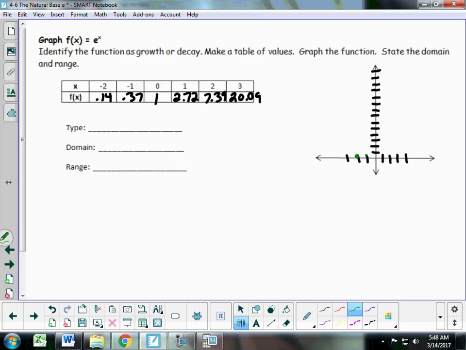Negative 1, 0.37, a little higher. 0, 1. 1, 2.72, so 1, 2, 3, somewhere about there. 2 and up to 7.39, somewhere about there. And 3, 20.09. I don't think we're going to be able to hit that. 9, 10, 11, 12, 13, 14. So it'd be maybe up there somewhere. It doesn't cross the x-axis.